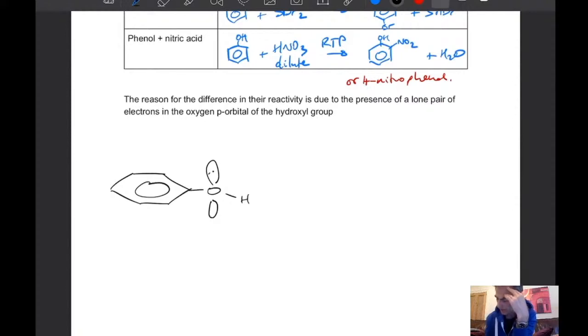So what you've got here are 6 electrons in this pi electron cloud, and we've got 2 electrons in that p orbital.